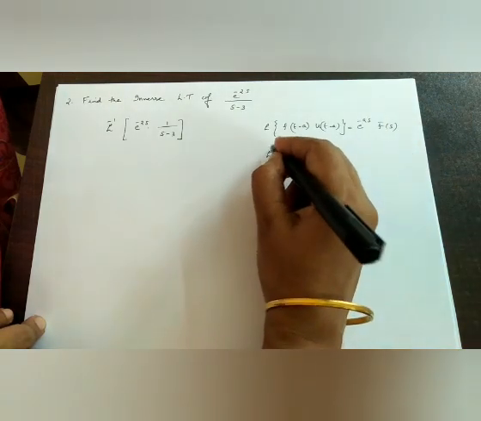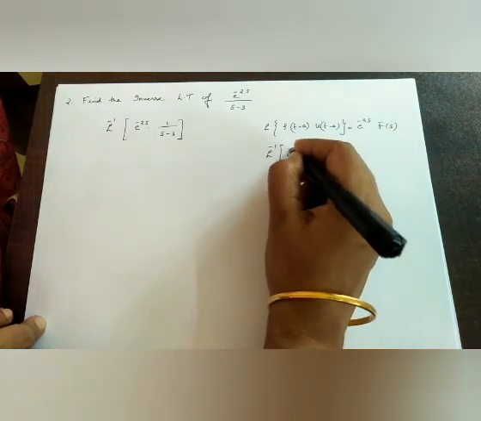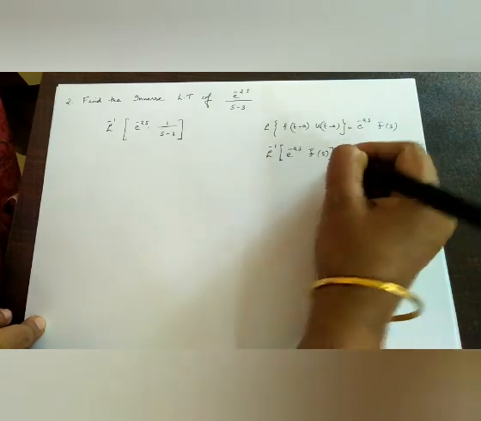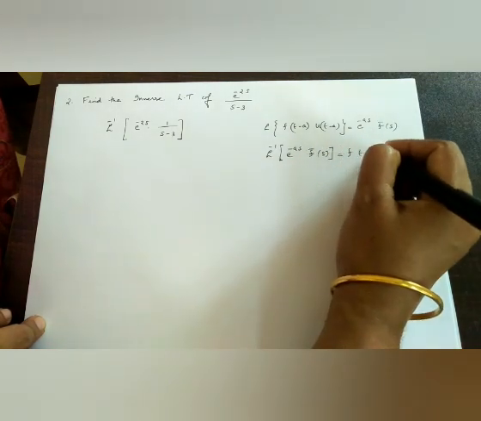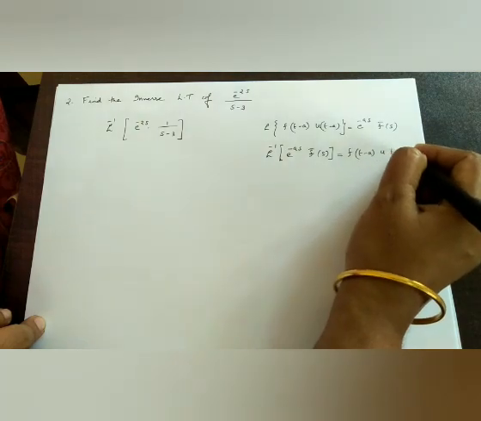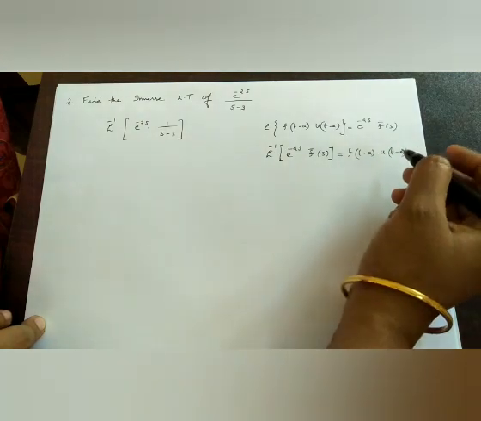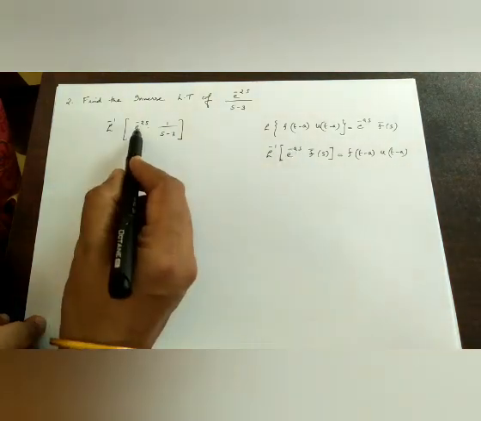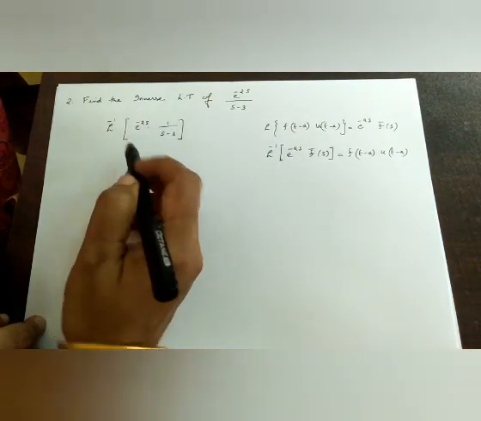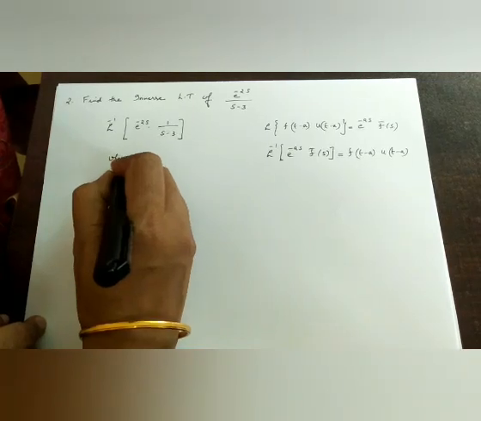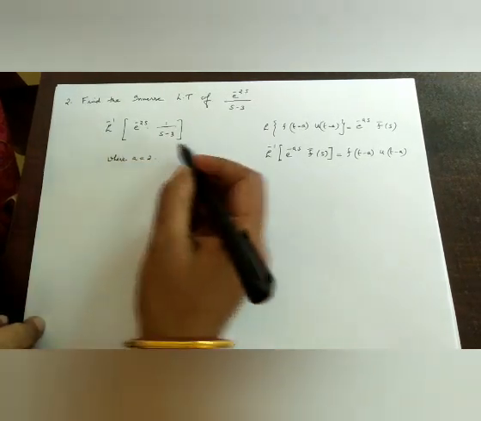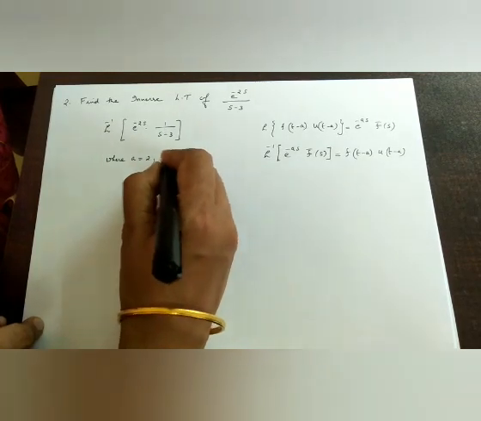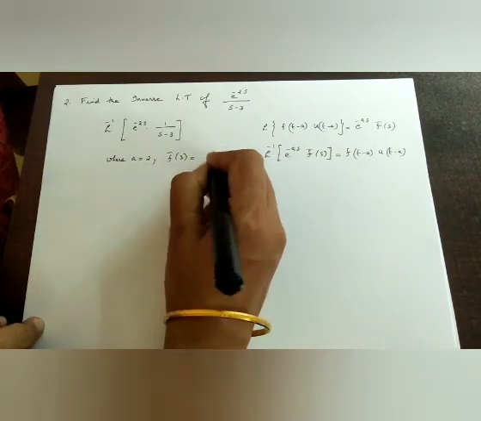Then L inverse of e raised to minus as into f bar s is equal to f of t minus a u of t minus a. Here we have the same question, L inverse of e raised to minus 2s, where a is equal to 2. And in the place of f bar s, we have 1 by s minus 3.